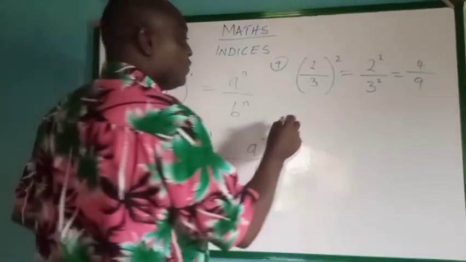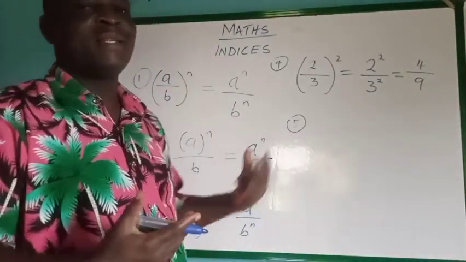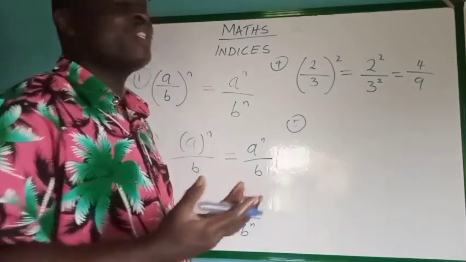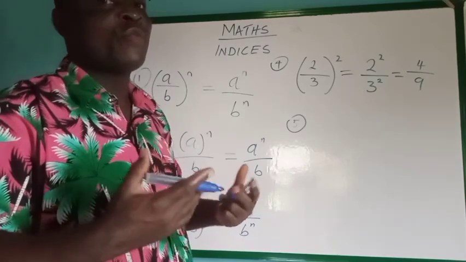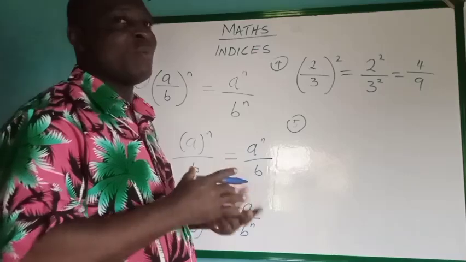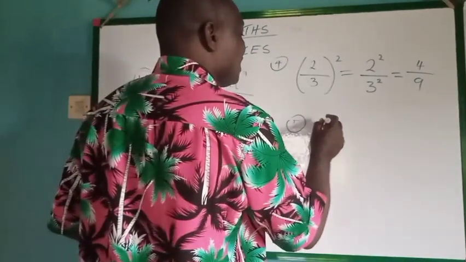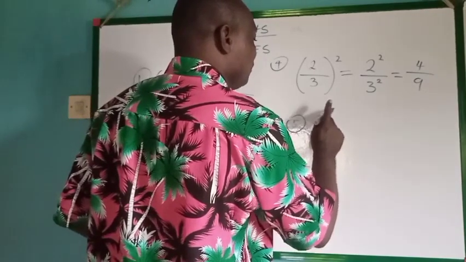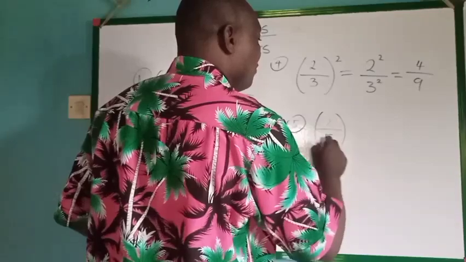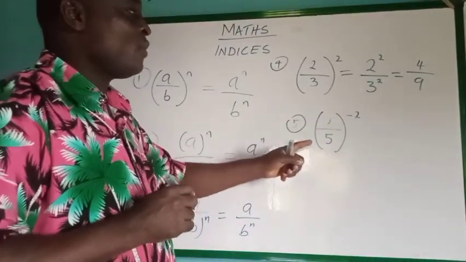So let us have another one. We're going to apply what we just learned in our last video, the negative power, which is a form of reciprocal. So let us see how we're going to manipulate and apply it in this situation. Take for instance, we have (2 over 5), all raised to power minus 2.